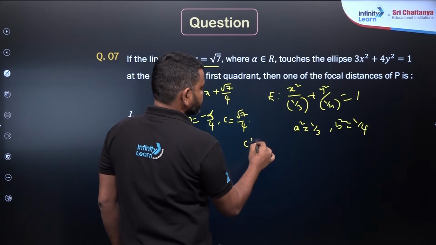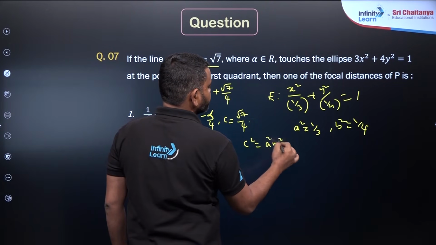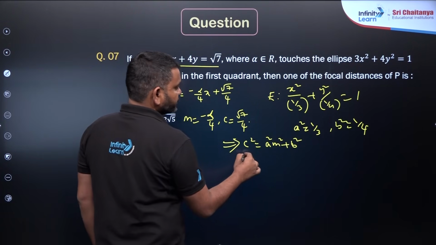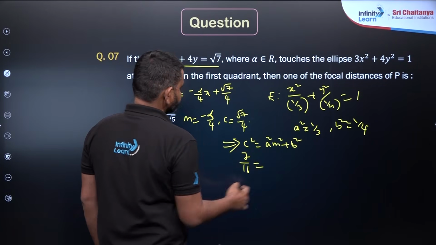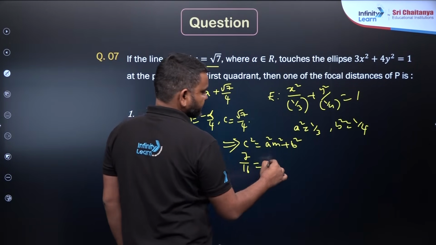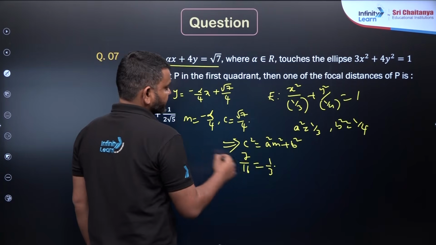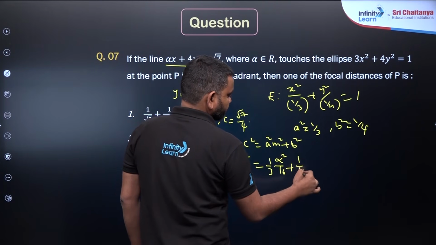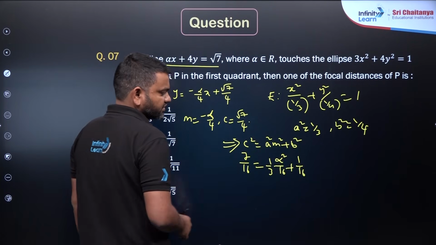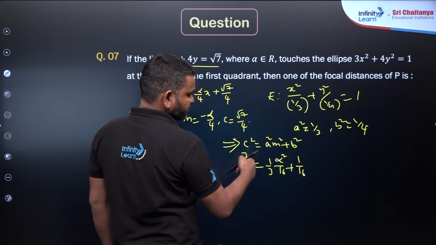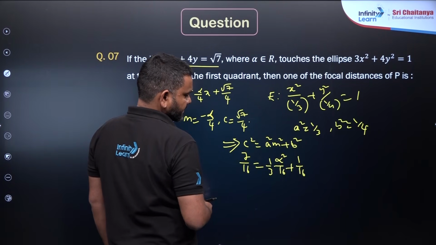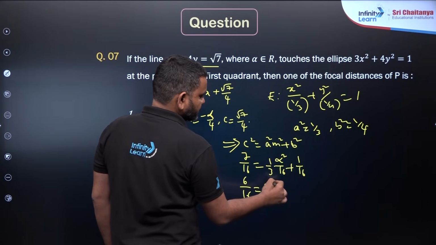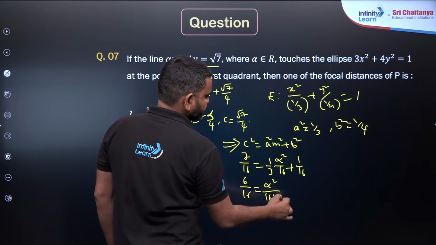So c square is equals to a square m square plus b square, tangency condition. So this is going to give you 7 by 16, that is equals to a square value. A square is 1 by 3 directly given to you, and m square is going to be alpha square by 16 plus b square value is also going to be 1 by 16. So simplify this, children. When we are simplifying this, if this comes to the left side, this is going to be 6 by 16 is equals to alpha square by 16 into 3.